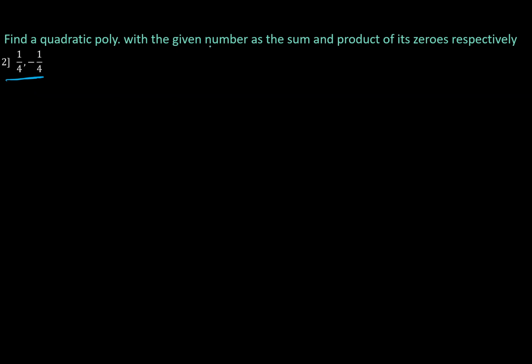So we are given the sum is 1 by 4. So the alpha plus beta is 1 by 4, which is minus b by a. And alpha into beta is minus 1 by 4, which is c by a.